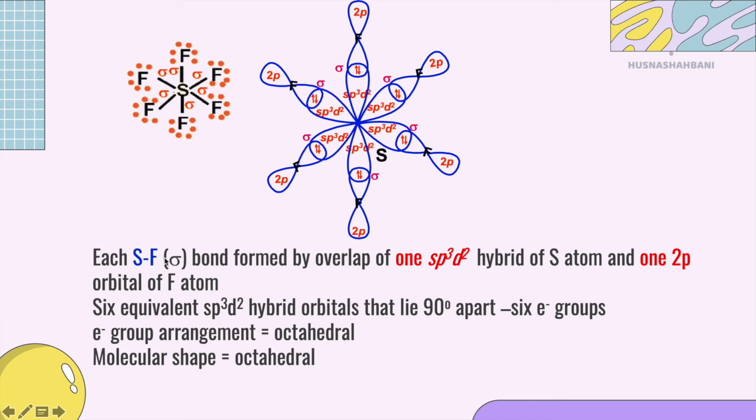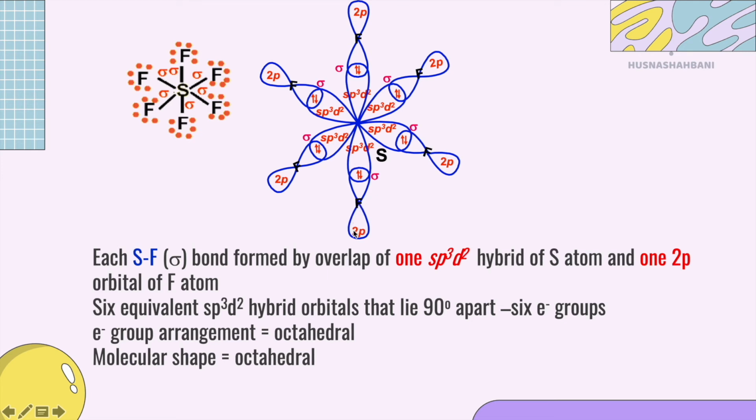So each S-F sigma bond is formed by overlap of 1 sp3d2 hybrid. You overlap one of this sp3d2 hybrid with one of the 2p. For fluorine, you have to draw the 2p orbital because in writing the orbital diagram for fluorine, the unpaired electron of fluorine is in the 2p orbital.